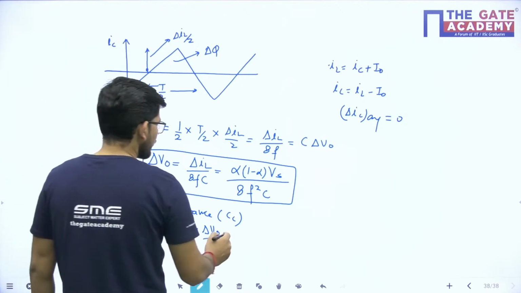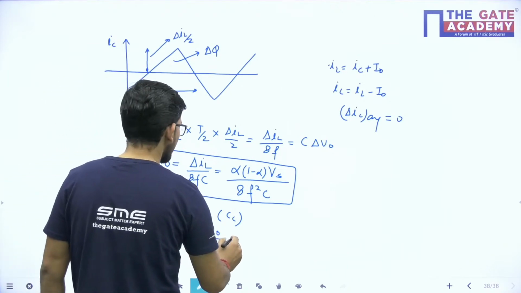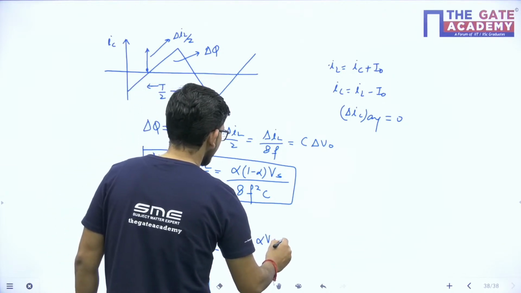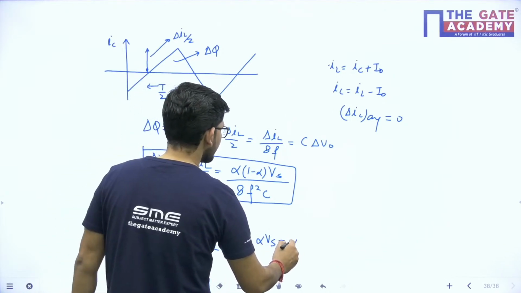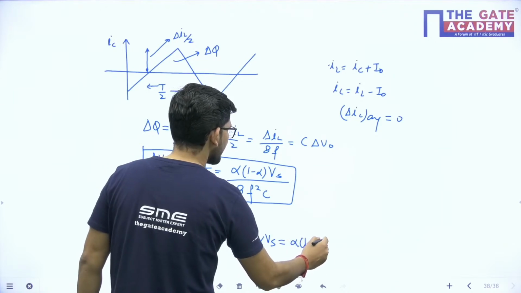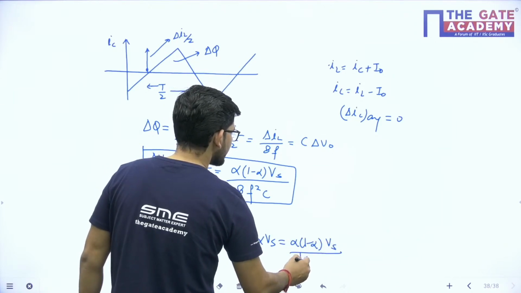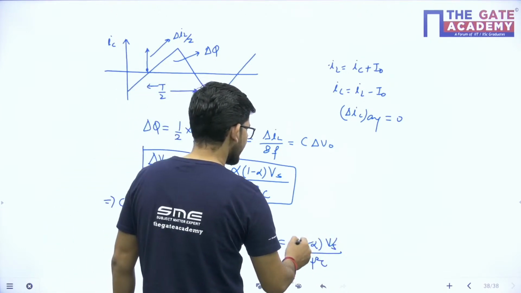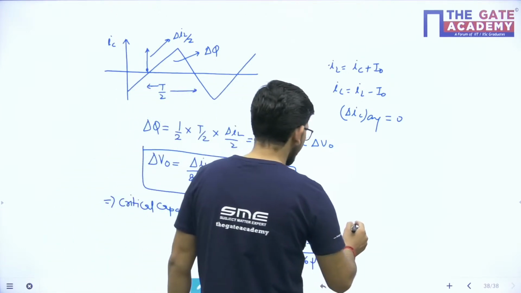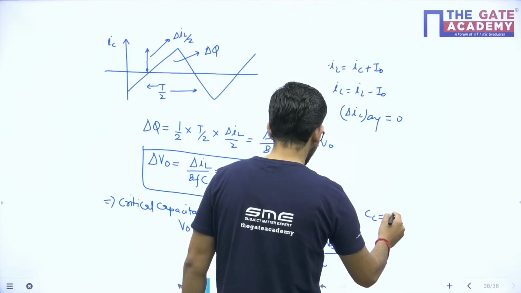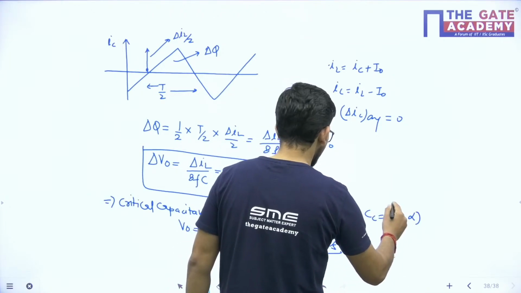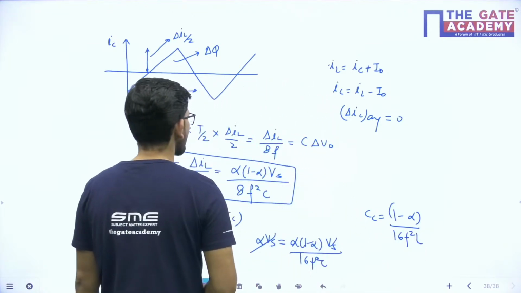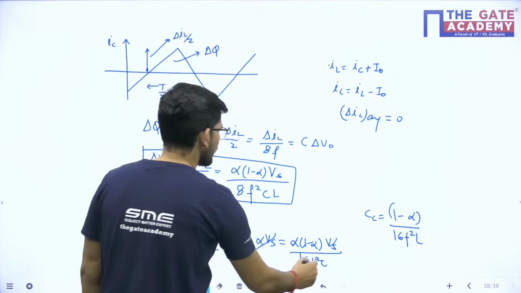V naught is equal to alpha times Vs, and del V naught we have just calculated, which is alpha (1 minus alpha) Vs upon 16 F square LC. So alpha and Vs will be cancelled out, and the value of Cc will be equal to (1 minus alpha) upon 16 F square L. Okay, there is L also.